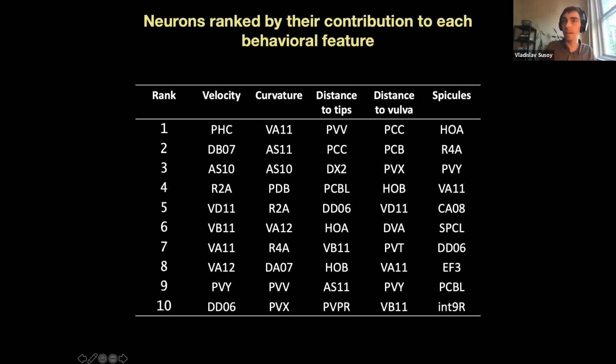One advantage of using linear models is, of course, that they are easily interpretable, and we can rank all the neurons based on their contribution to specific behavioral features.